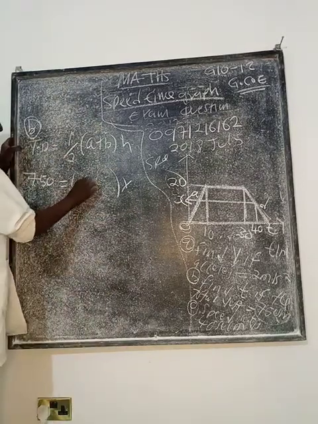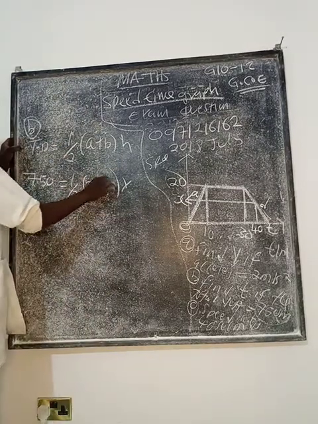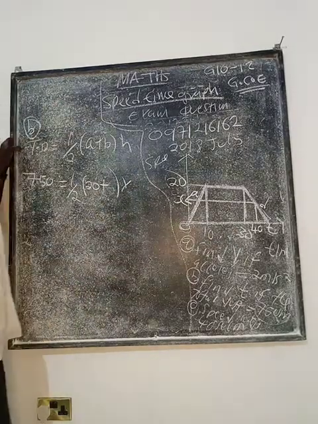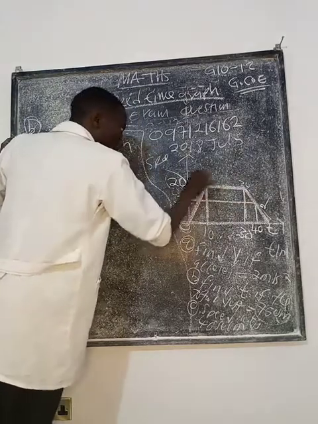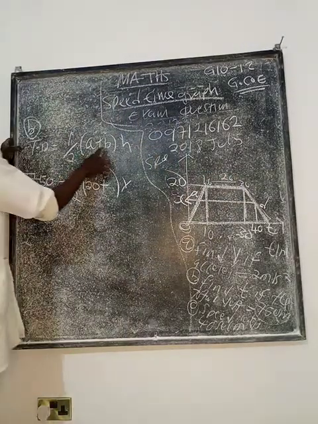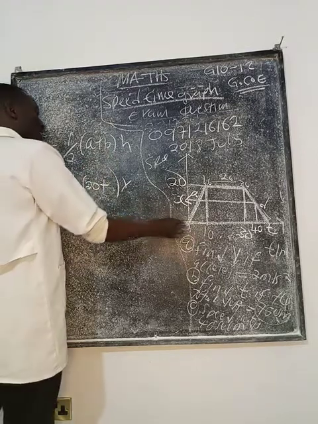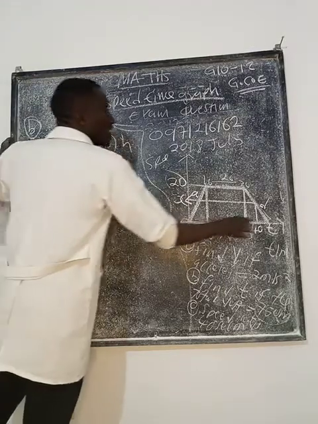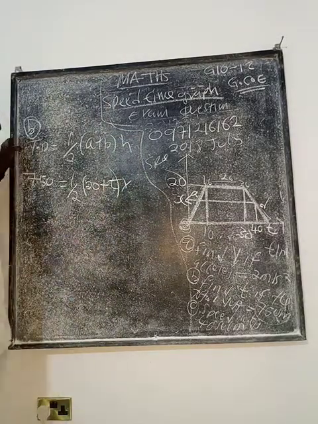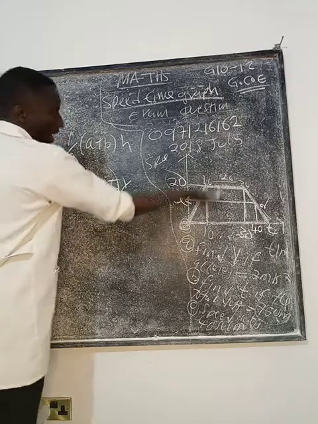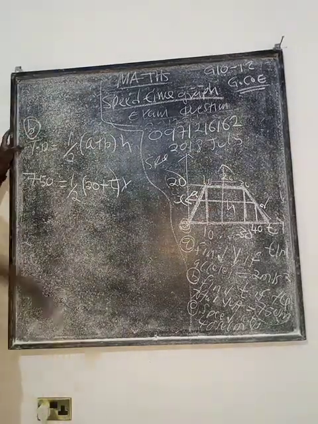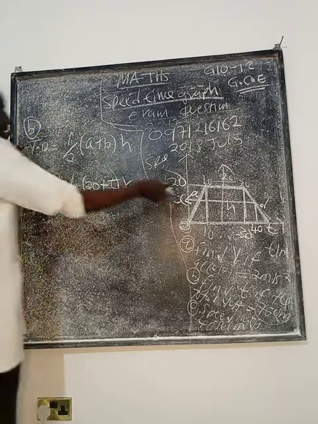So it will be 20 plus 20, that is 30 minus 10. So it is 20. Then B is the whole thing from here all the way until T. T minus 0 will give you T. Height, height means slope. So the height there is 20.